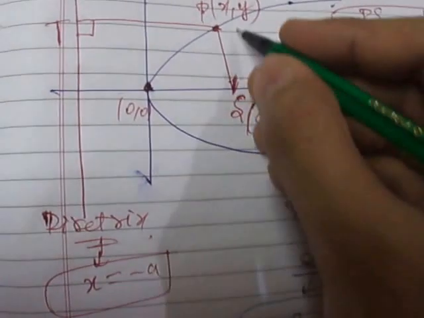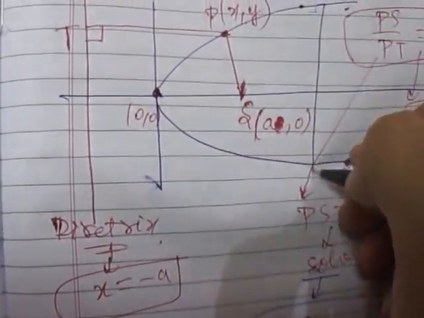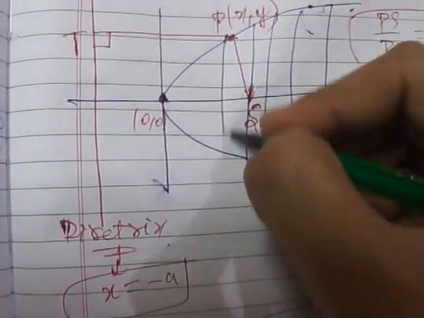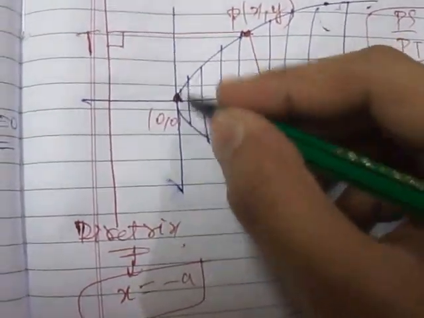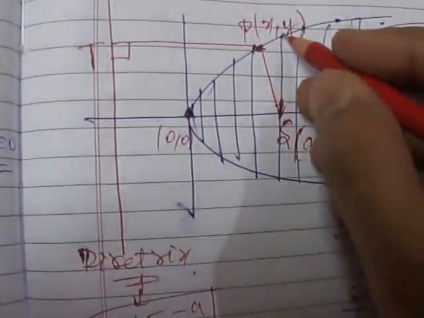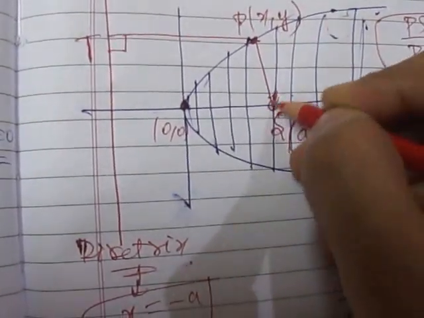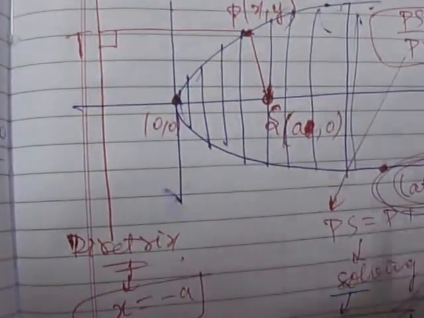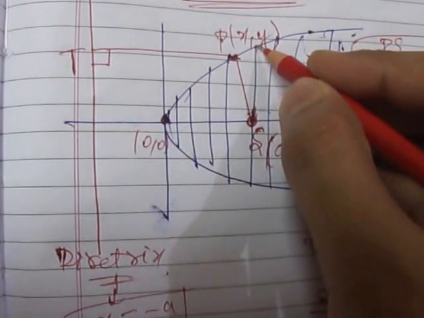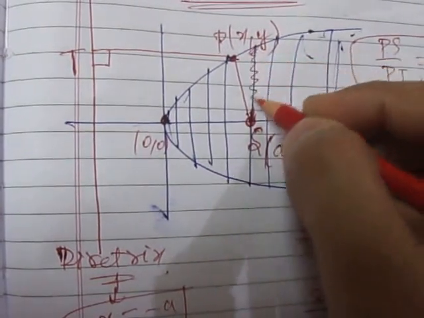Now, very important as well, is the latus rectum. We draw a line through the focus of the parabola, parallel to the y-axis or directrix, which I am shading with red.